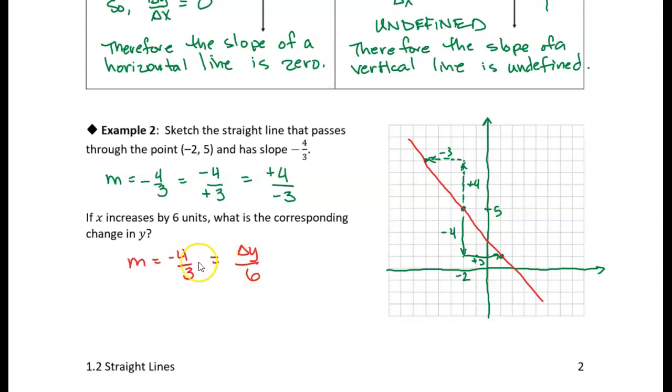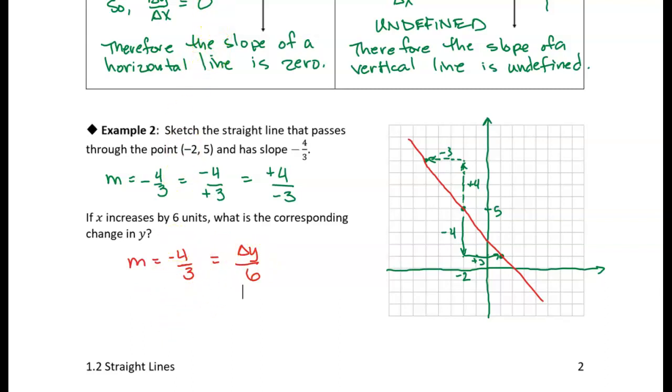Then I really just need to solve this ratio. And you can see that if I multiply the numerator and denominator by 2, I get -8/6, and that would be equivalent to -4/3. Or I can just solve this ratio and solve for delta y. I don't always know how you learned how to solve ratios, but one way is to cross multiply.